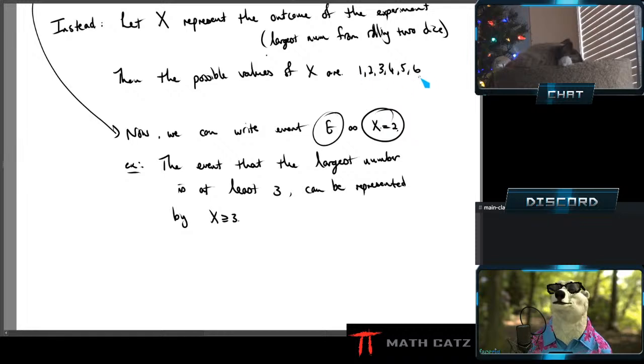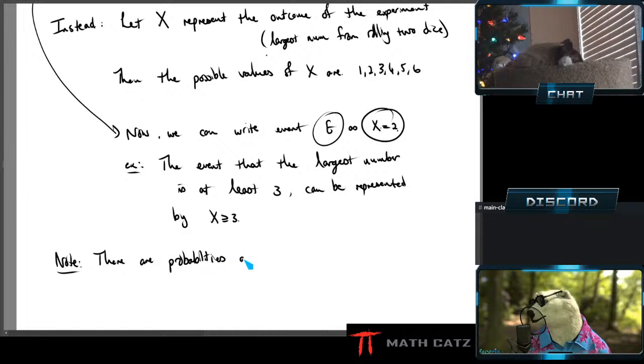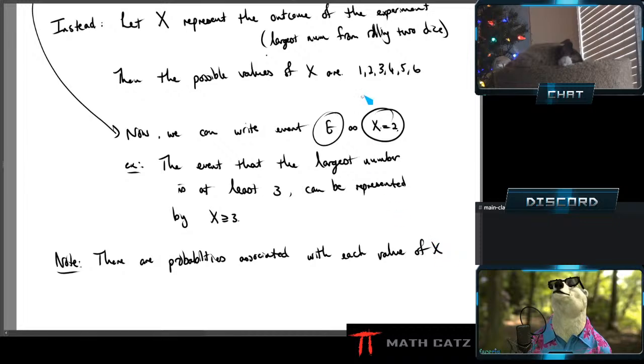value, right? In this case 6. And there are of course probabilities associated with each value that X could have, because those values represent all the outcomes.